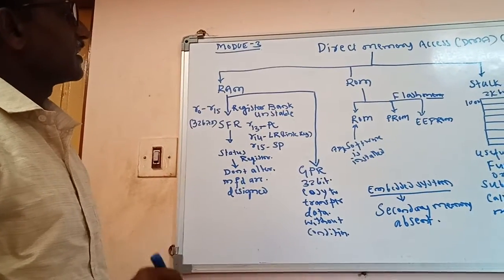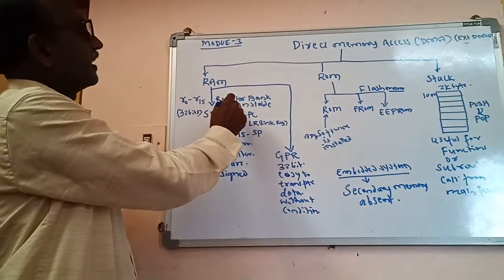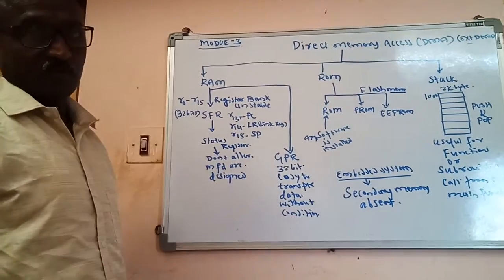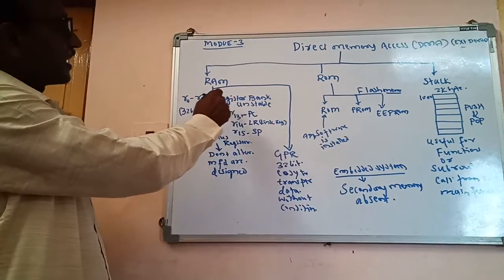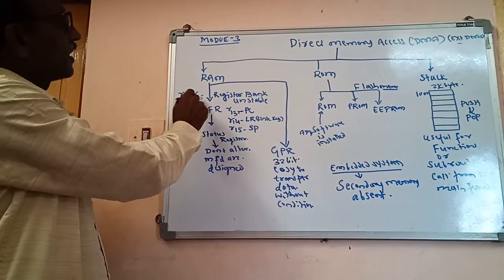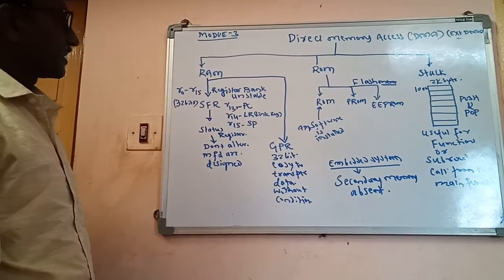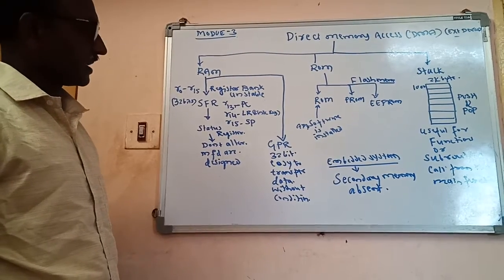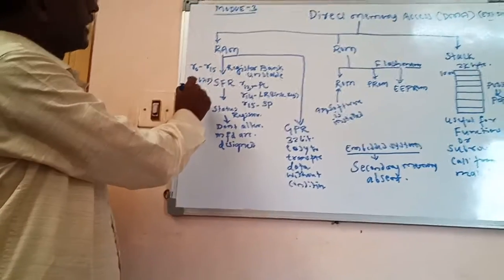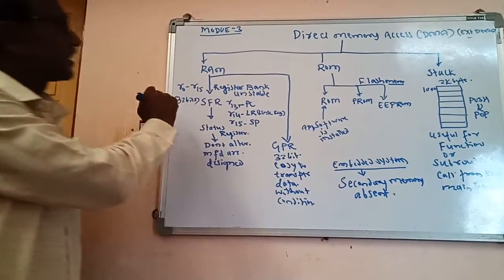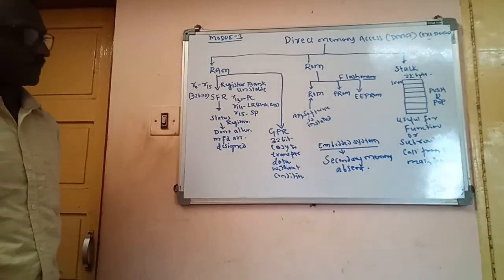A register bank is a group of registers. An embedded microcontroller contains R0 to R15, a total of 16 registers in the bank. All the registers are fixed bits, meaning 32-bit registers. Fixed register bank.